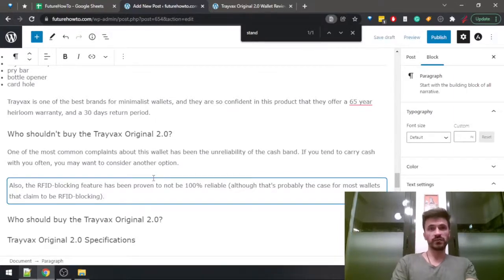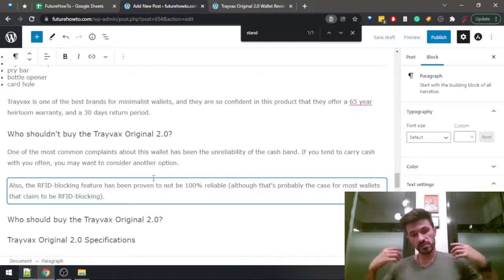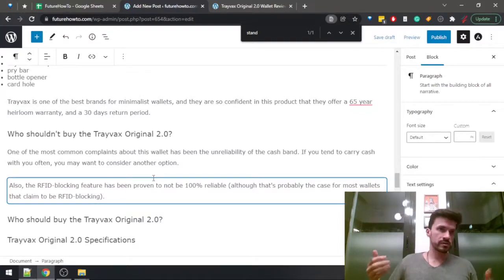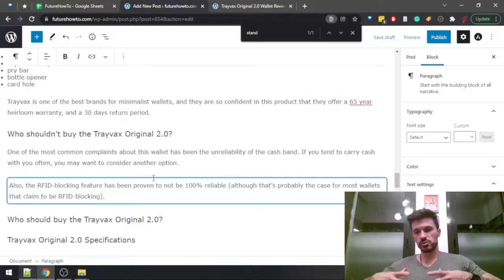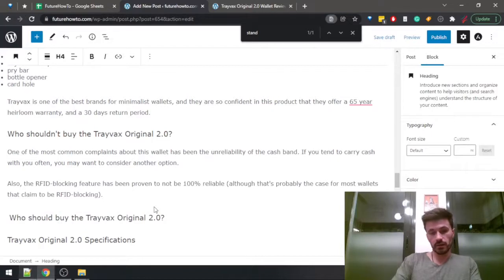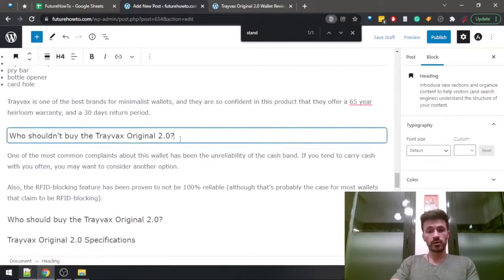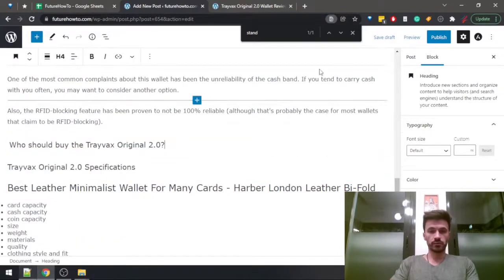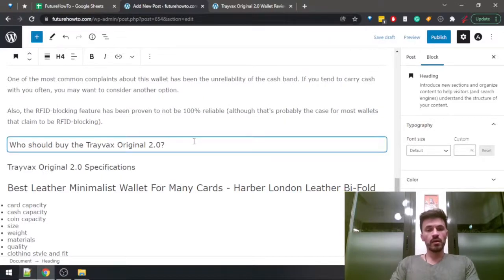After I wrote several reviews of wallets, I noticed they claim to be RFID blocking, but often some users choose to test that assumption and end up proving that the feature doesn't really work that well. So I want to make sure I share that with my audience. It's just a great way to build trust.